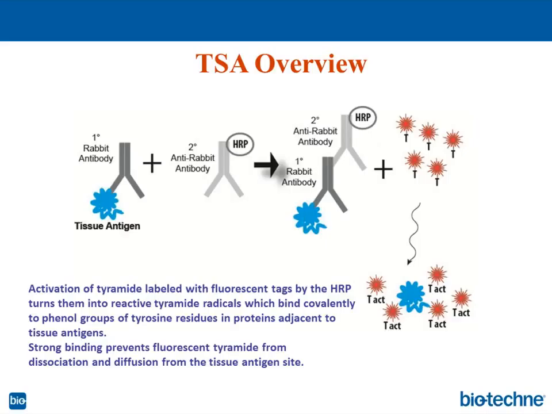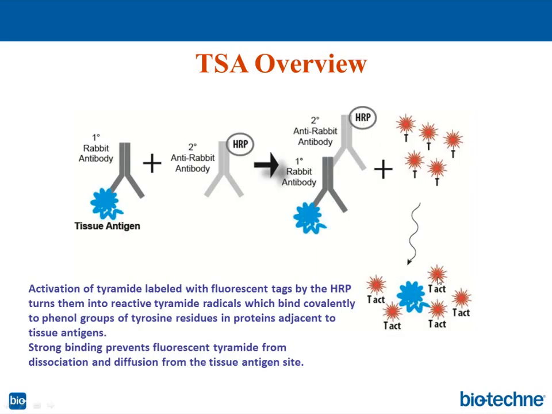So we incubate tissue sections or cells with primary antibodies, followed with secondary antibodies conjugated to enzyme, horseradish peroxidase, HRP. We'll get this sandwich here. And then we add tyramide, labeled with fluorescent dyes. HRP will activate this tyramide, and it can now bind to tyrosine in proteins, to its phenol group, and it binds so tightly that at the end we actually don't need the presence of primary and secondary antibodies.